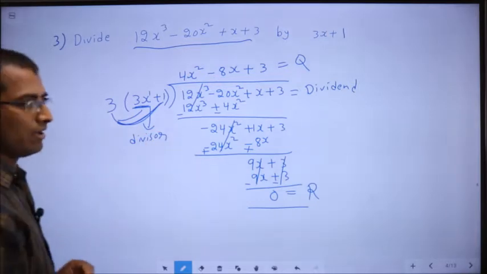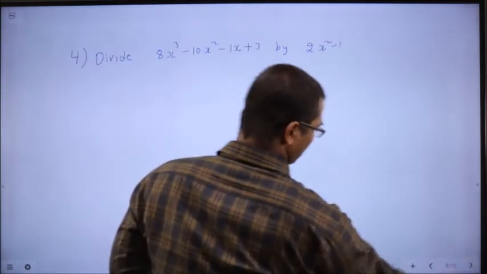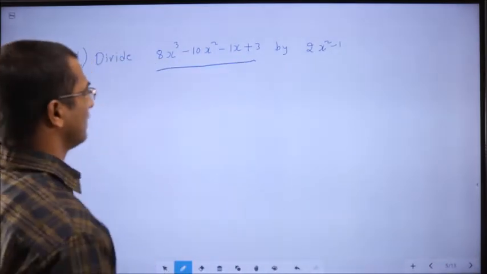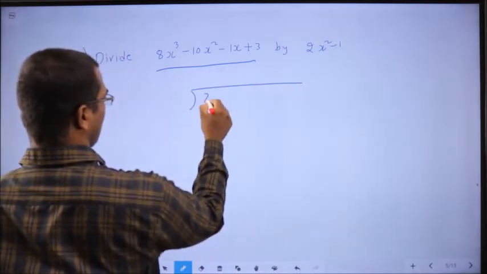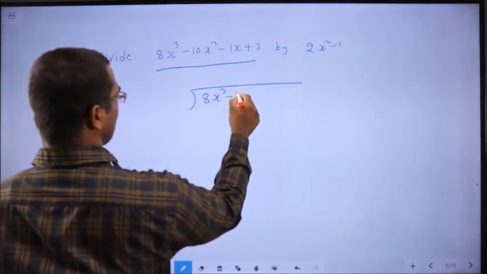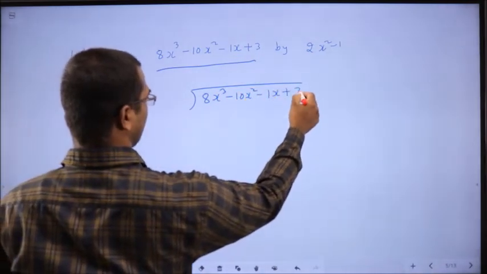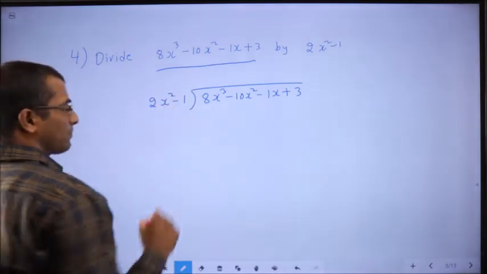Next, divide this by 2x square minus 1. So write it in this form first. 8x cube minus 10x square minus 1x plus 3 by 2x square minus 1.